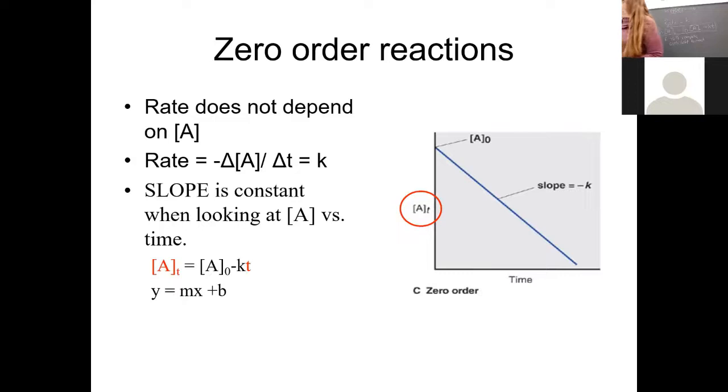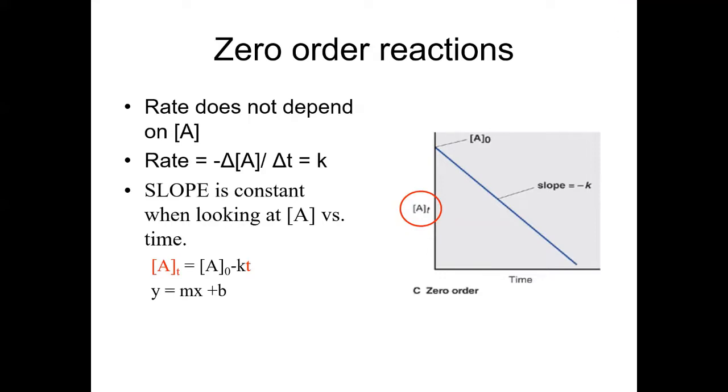All right, and then our intercept then is going to be what? The y-intercept is going to be the initial concentration. So the y-intercept is this A with a 0 next to it, and that means the initial concentration. So that's the concentration that was on the bottle before you mixed your two chemicals together.